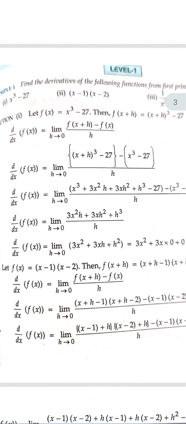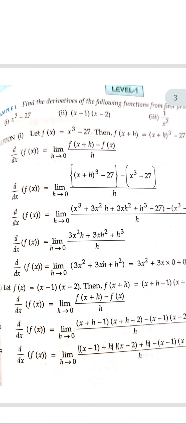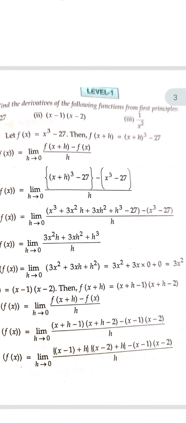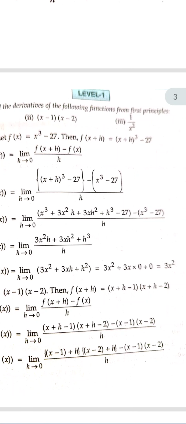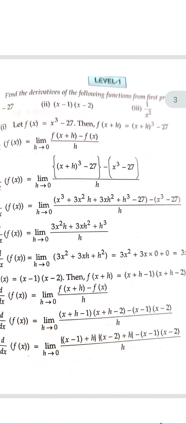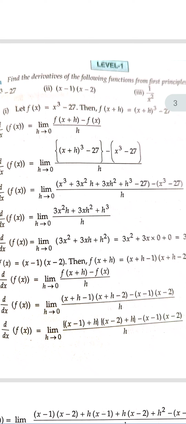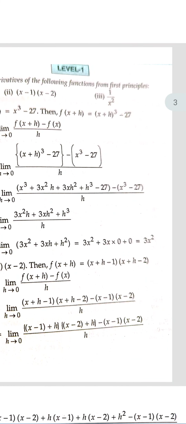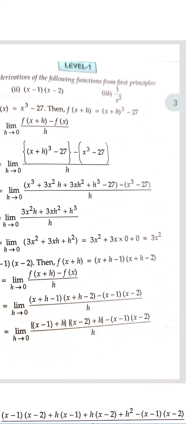Let us consider the examples. The first example is f(x) is equal to x cube minus 27. f(x plus h) is equal to (x plus h) whole cube minus 27. We put it in the formula and get (x plus h) whole cube minus 27 minus (x cube minus 27) upon h. Let us expand. We get x cube plus 3x square h plus 3xh square plus h cube minus 27 minus in bracket x cube minus 27.